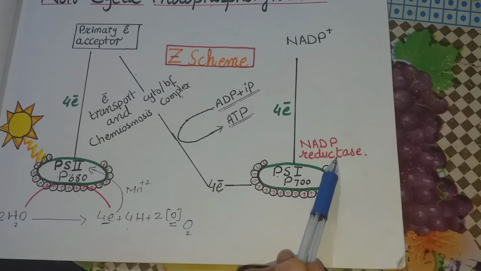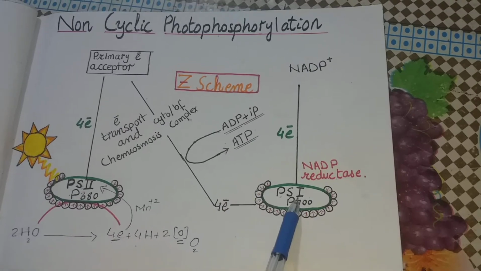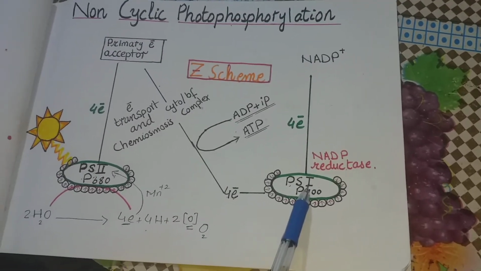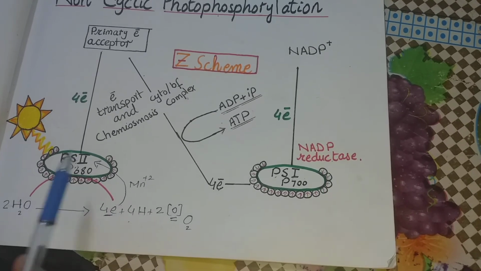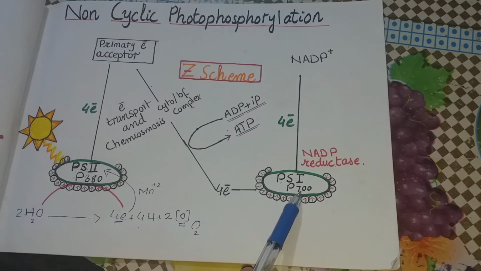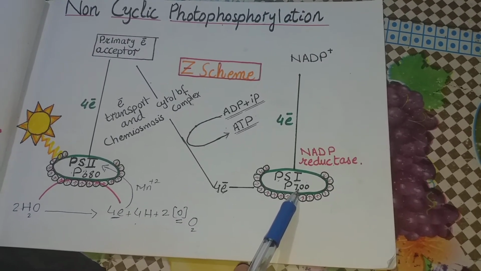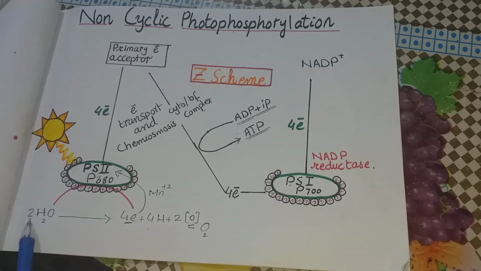If you remember, I told you in my previous lecture that PS1 has the ability, the character, to have NADP reductase, which is an enzyme, and it is not present in PS2. Similarly, PS1 cannot photolyze water. It cannot split the water because PS2 has the capability to split water.